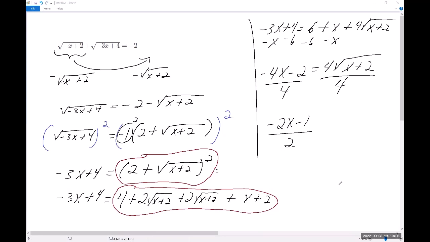And I'm being told I'm missing a negative symbol, so let me double check my work.